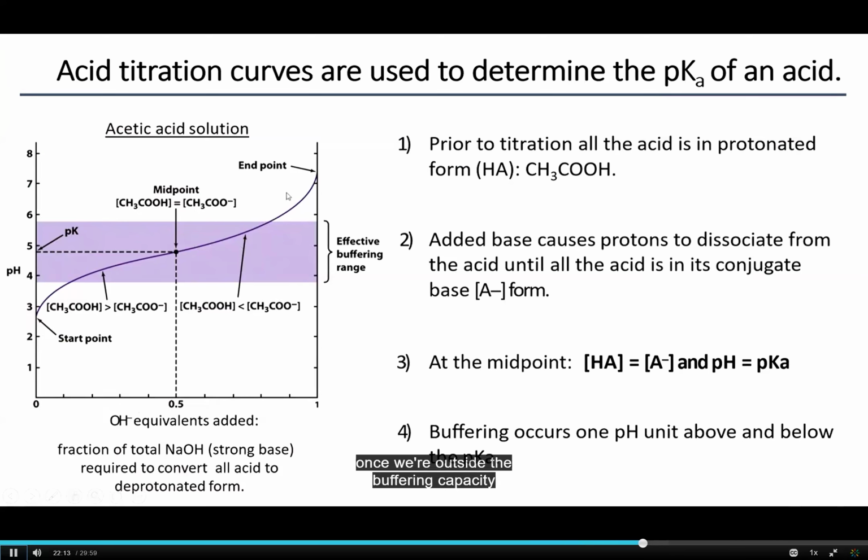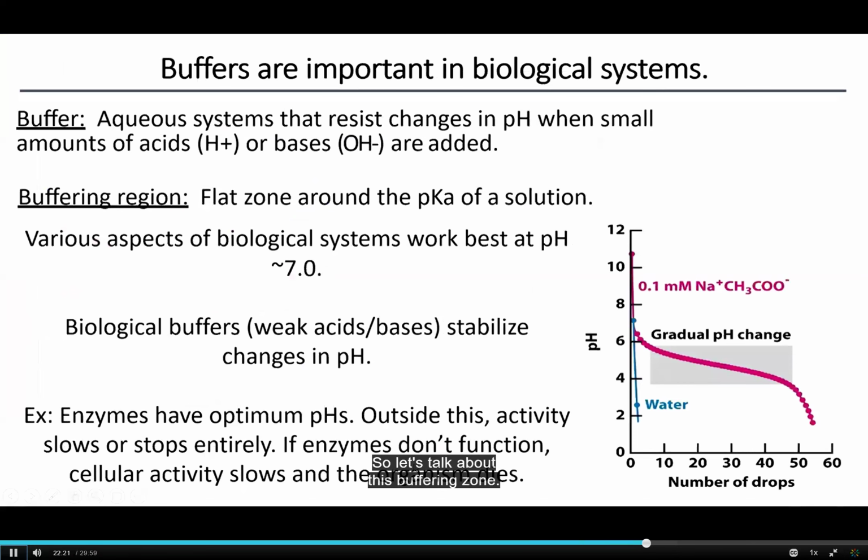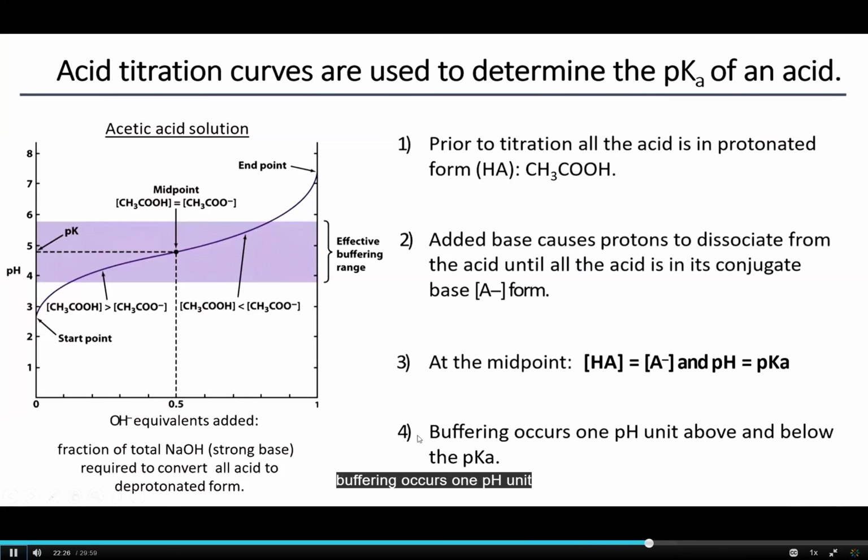And so once we're outside the buffering capacity, then adding a very small amount of OH will have very dramatic effects on the pH of the overall solution. So let's talk about this buffering zone. Oh, and I should mention that buffering occurs 1 pH unit above and below the pKa of the acid.